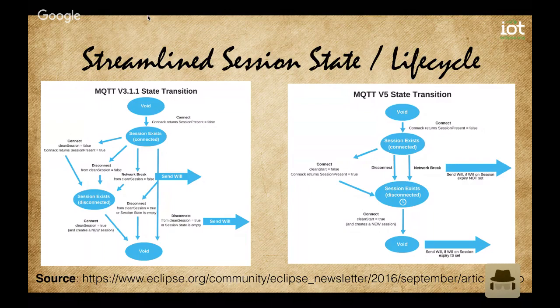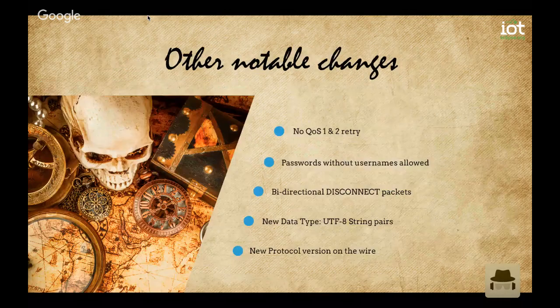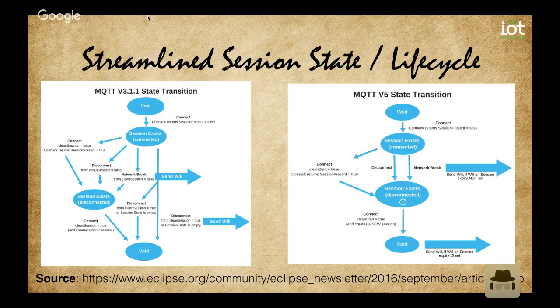And this is also something which caused a lot of bugs in some client implementations and also some broker implementations in the past, because the state machine for MQTT 3.1 was pretty hard and has a lot of exception cases. But what is important to note for you as an application developer is that there isn't much that changed.